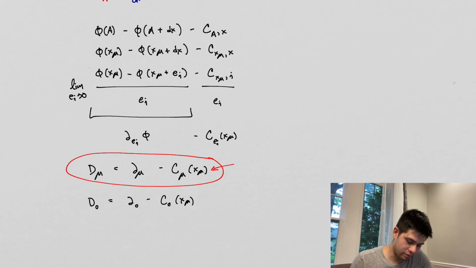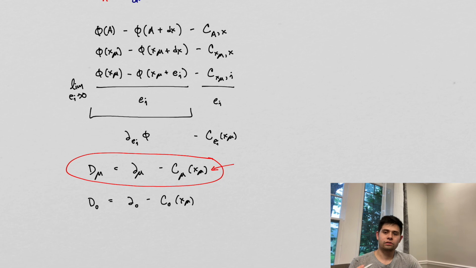So the covariant derivative takes into account the difference between two values on a field and any potential changes in our coordinate system as we travel along that field. And that's, again, what these C's are.